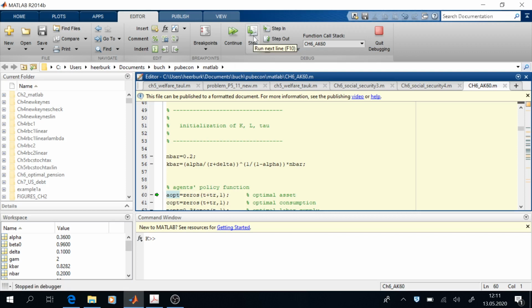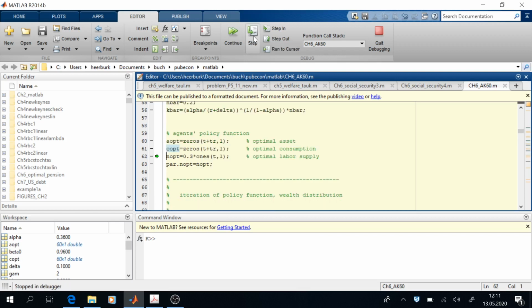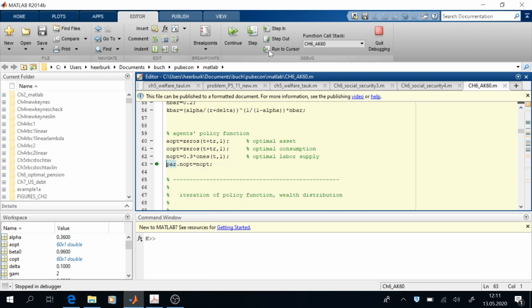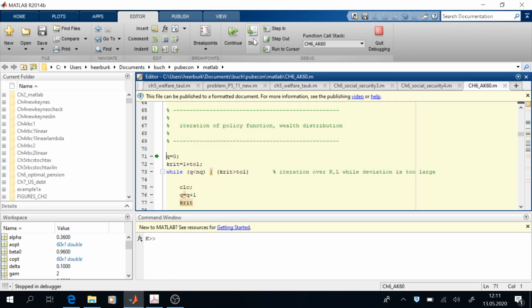We store the optimal policy function for wealth in the vector A opt, for consumption in the vector C opt, and for labor supply in the vector N opt. We calibrate N opt to 30% for all workers aged 1 through 40. And we store this value again in the parameter vector. Okay, so let's get to the outer iteration, the outer loop over the aggregate capital stock.